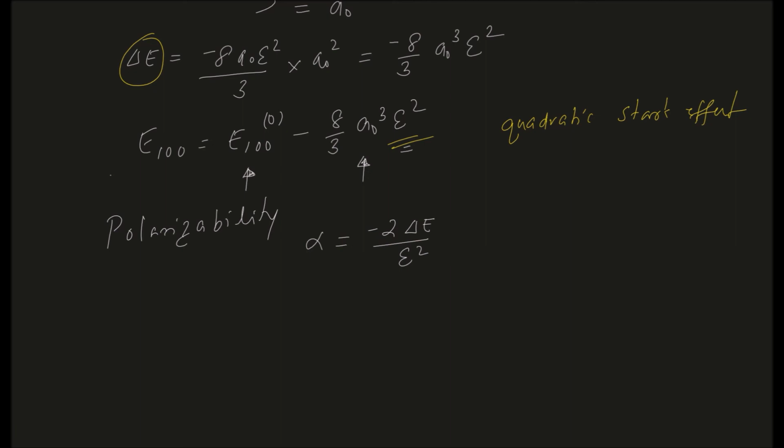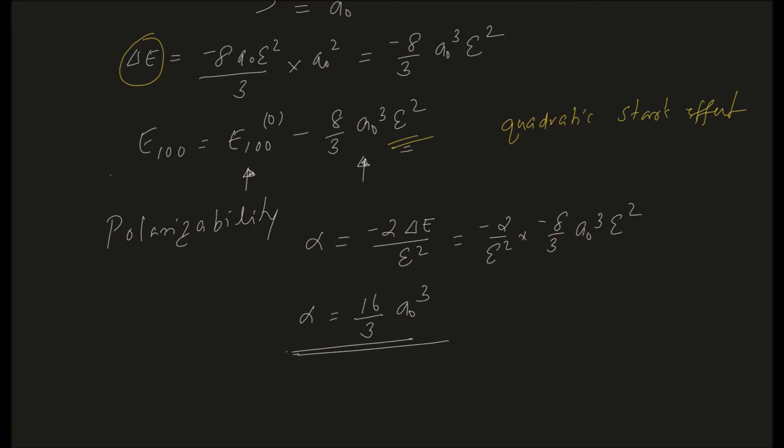Since we know the value of delta E, this can be written as minus 2 by E squared into minus 8 by 3 a0 cubed E squared. So alpha is given by 16 by 3 a0 cubed. So that is the polarizability of the hydrogen atom.